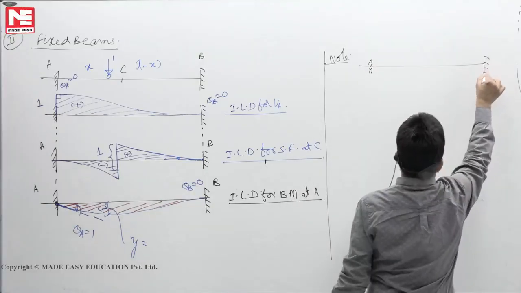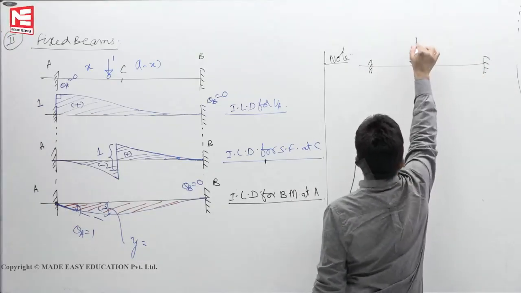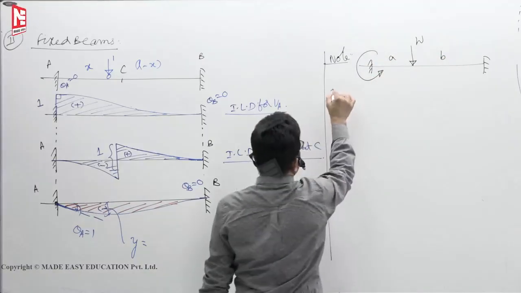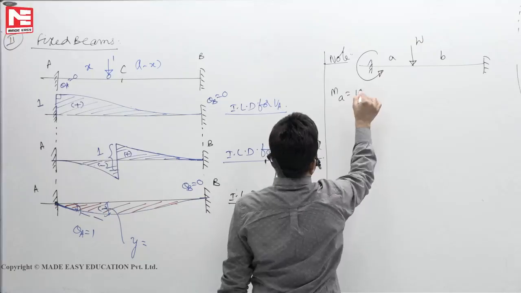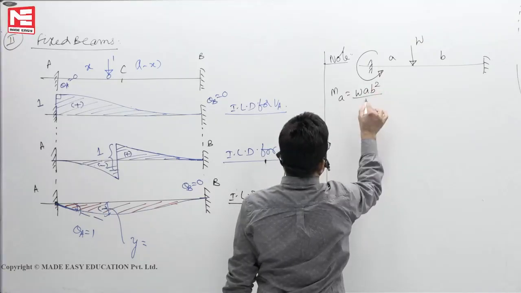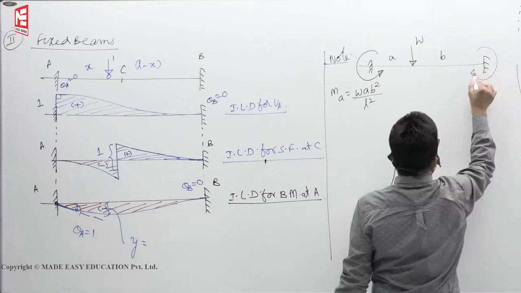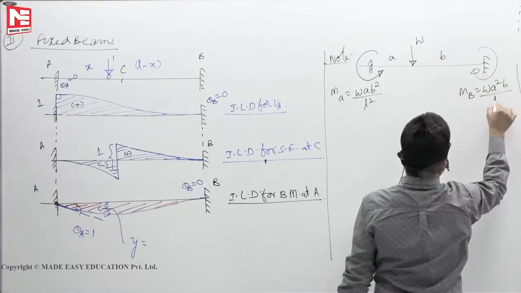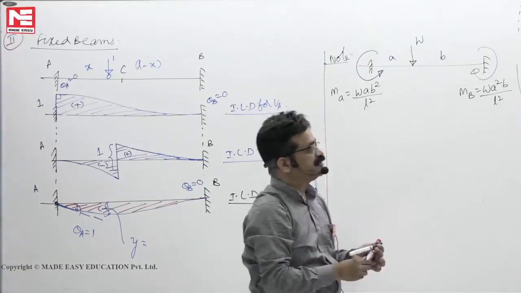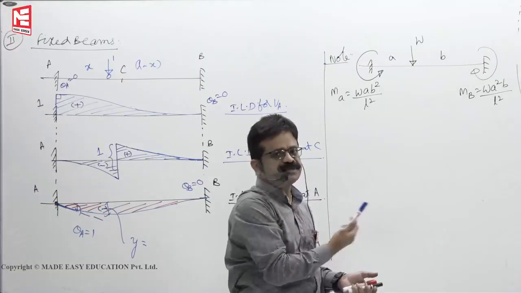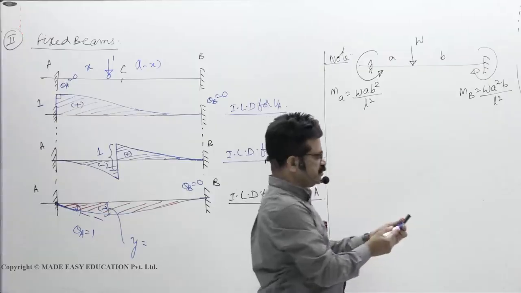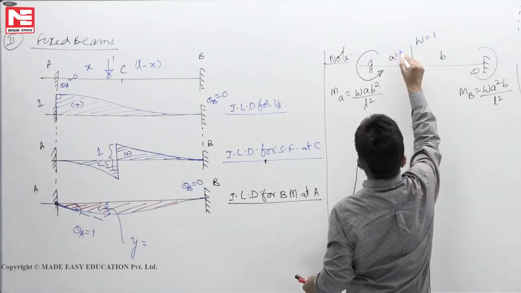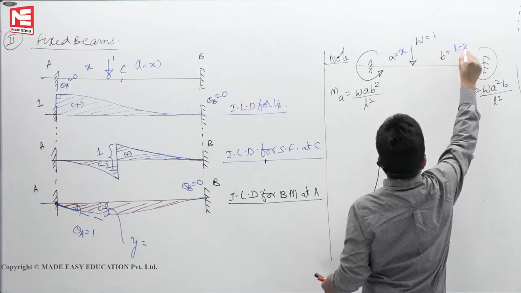We have a fixed beam subjected to some eccentric load W. This is A, B. Bending moment at A, MA we know is W a b square by L square, and MB is W a square b by L square. Now general expression for MA we can get: supposing that W becomes 1, a becomes x, b will become L minus x.